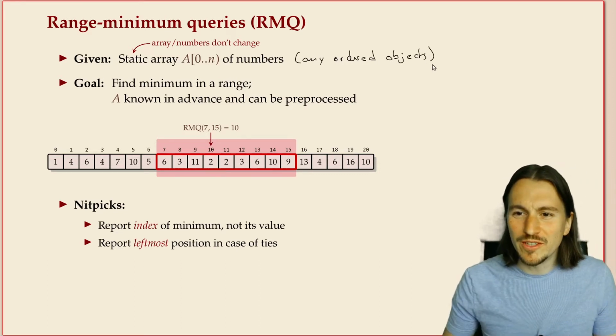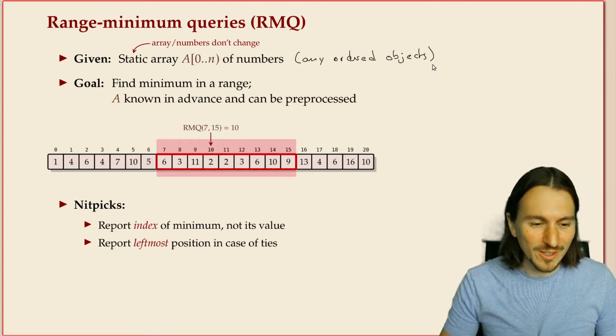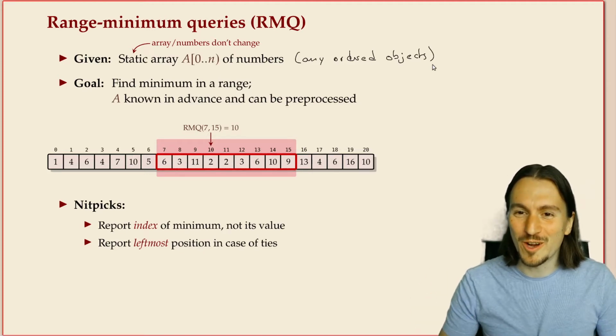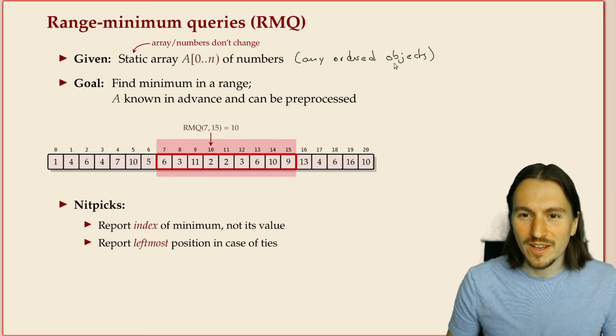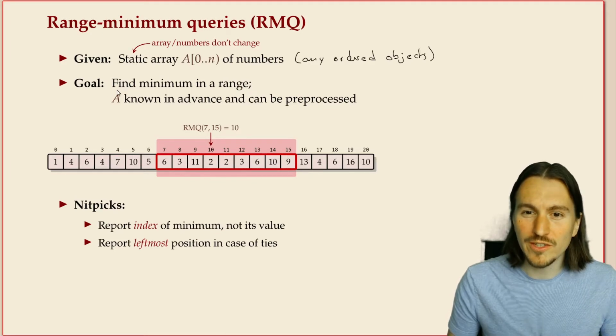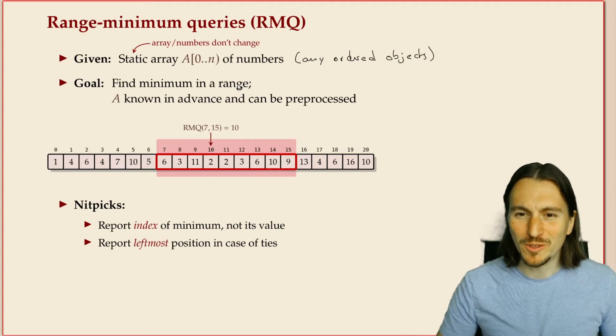We'll use numbers in the example because these are nice and simple, but it could be strings, it could be whatever object you define an ordering relation on. The array is static, so that means it doesn't change. And the goal is to find the minimum in a range. It's a very, very simple question.